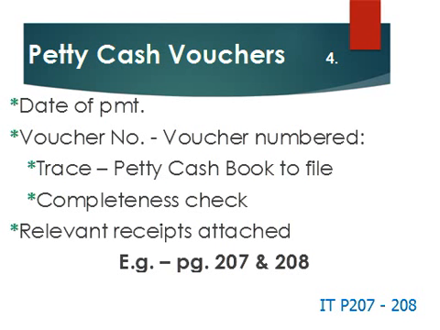All petty cash vouchers are numbered in sequence, so that the payments can be traced from the petty cash book to where they are filed, and in order to do a completeness check. The relevant receipts to support the payment are attached. For an example of a petty cash voucher, see pages 207 and 208 of your interactive text study guide.